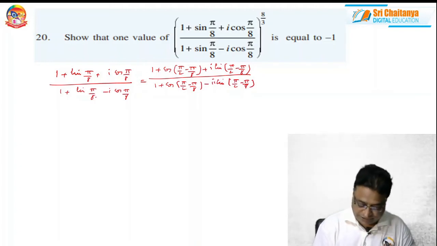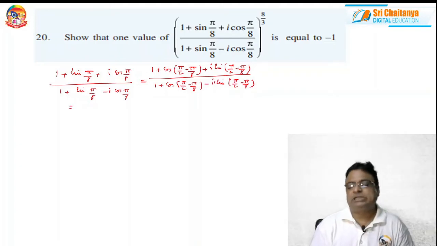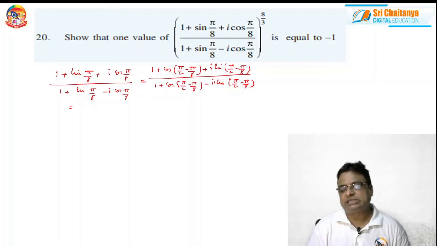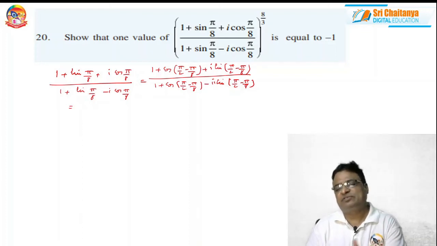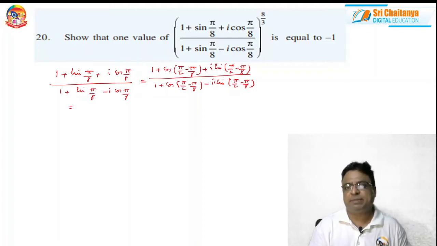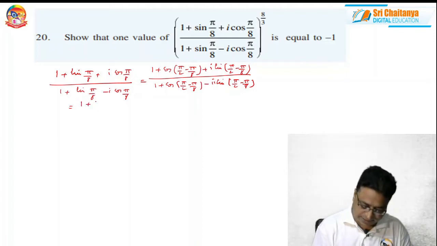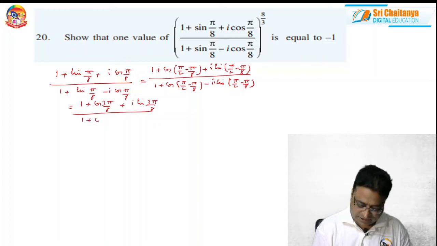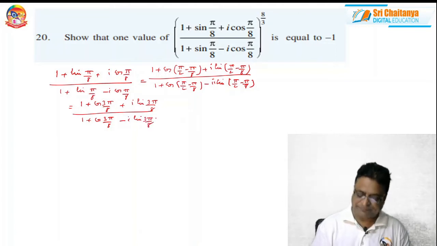Now pi by 2 minus pi by 8, by taking LCM 8, is 4 pi minus pi, that is 3 pi by 8. That is (1 plus cos 3 pi by 8 plus i sin 3 pi by 8) by (1 plus cos 3 pi by 8 minus i sin 3 pi by 8).